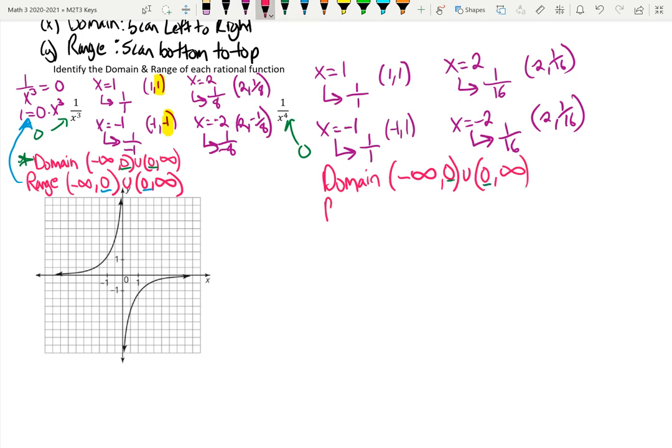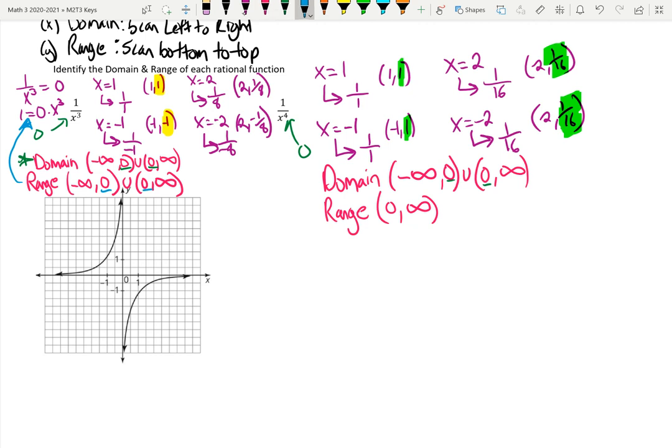My range, however, this is where you've got to do some theory crafting. Do you notice how all of my outputs, even for the negative inputs, produce a positive? There are no negative outputs. So it is going to start at 0 and go to infinity. It does not include 0.